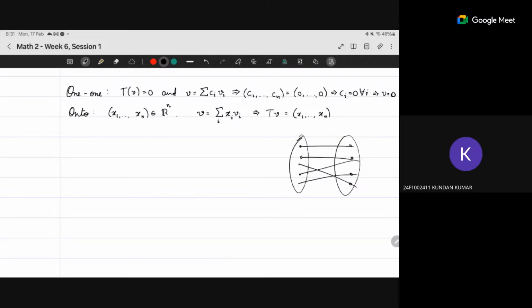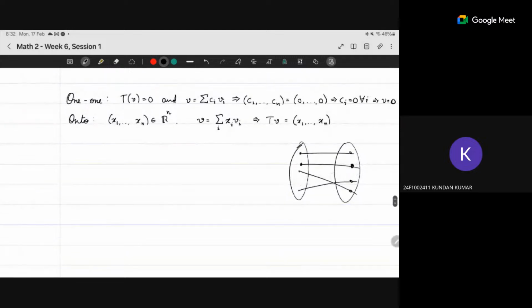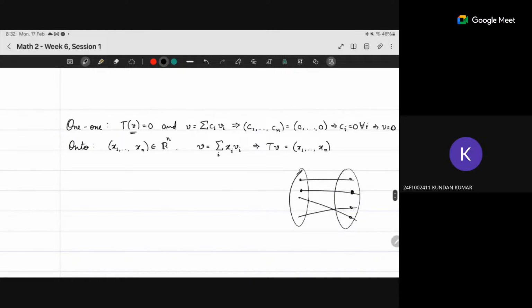Yes, sir. Unique pre-images. But in the case of linear transformations, you just need to say that 0 has only one pre-image. Because of linearity property, that will force everything else also to fall in line. So I just look at 0. I look at pre-images of 0. I take a random pre-image of 0 and I show that it is actually 0. Then I'm done. And that is what we do in 1-1.